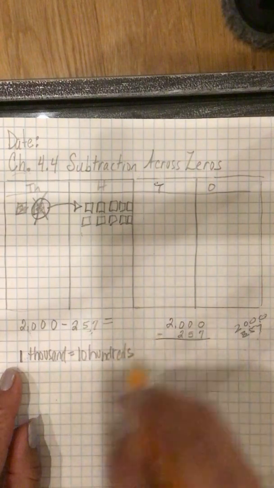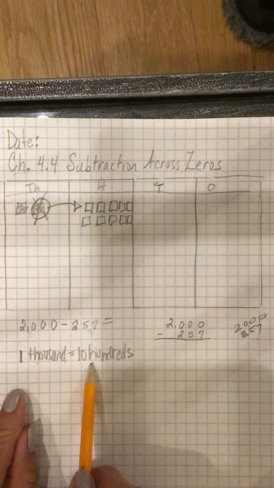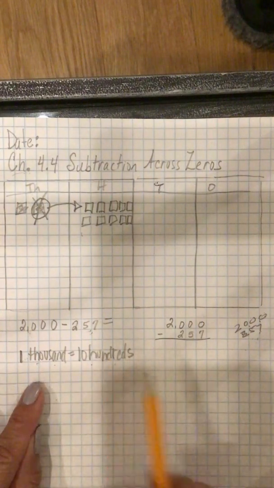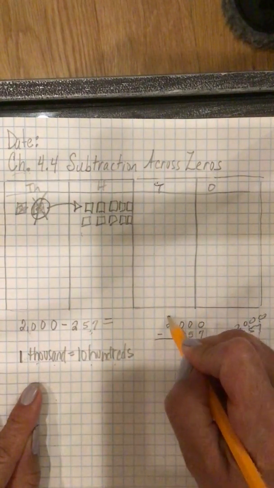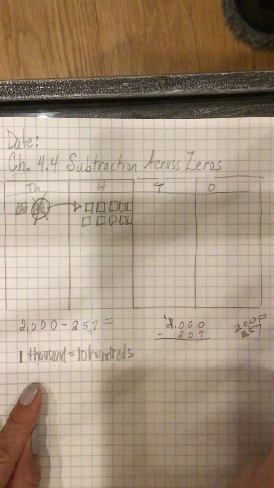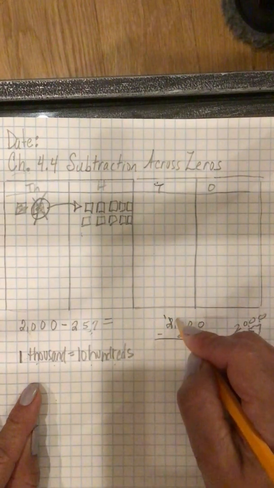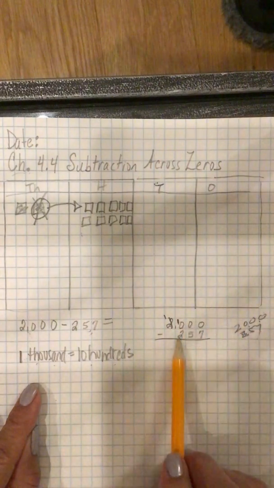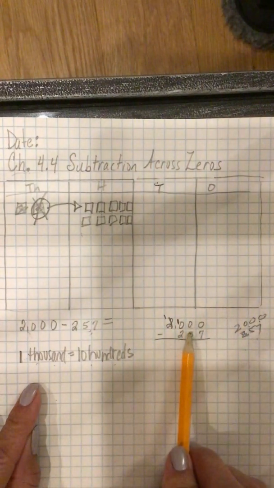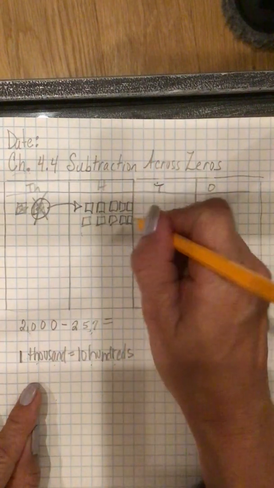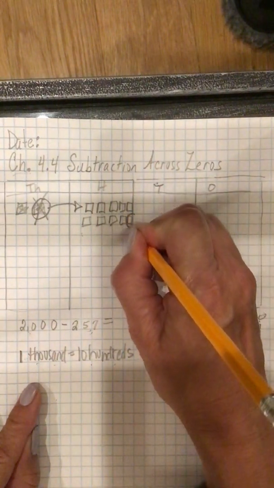Please write that out and spell the numbers correctly. So what we did with our math here is we regrouped our thousands to 10 hundreds. But we still don't have any tens. So we need to make sure that we regroup our hundreds.